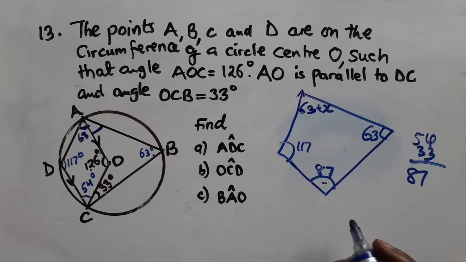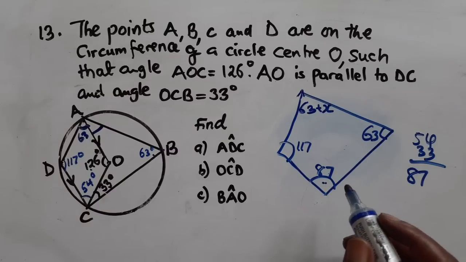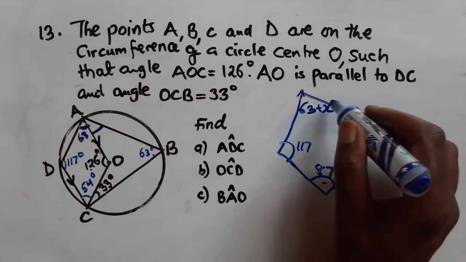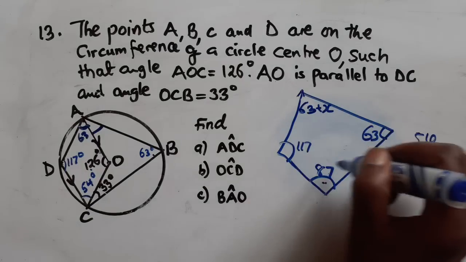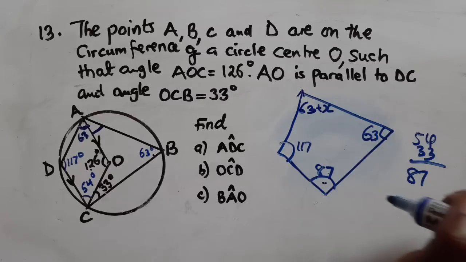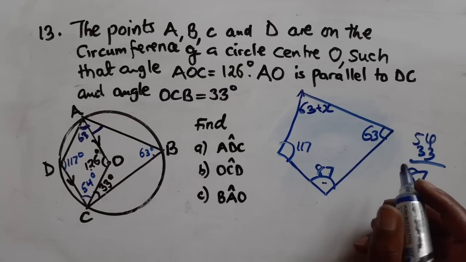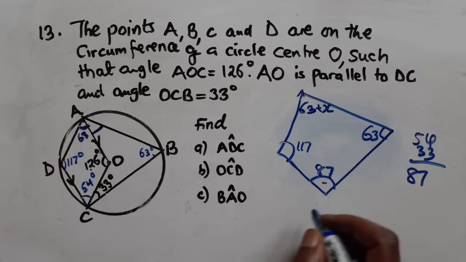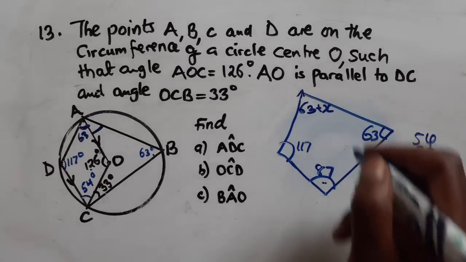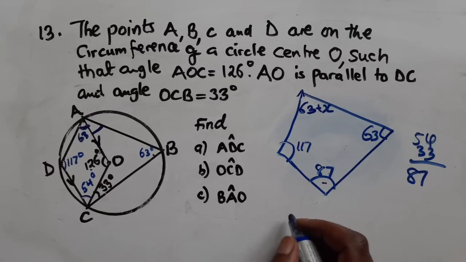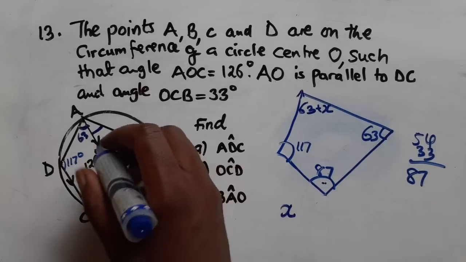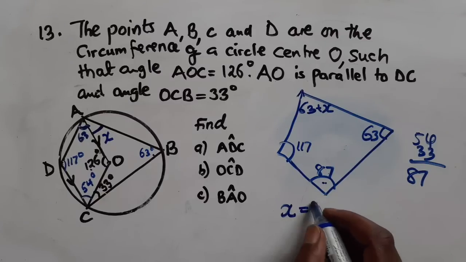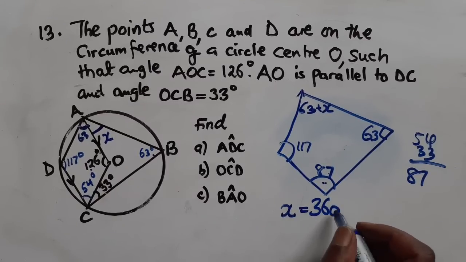So now you know what we are supposed to do here. We add all these and equate them to 360 and see what we're going to get. Let's add these. X, which is that angle, plus the others, is equal to 360. Why 360?